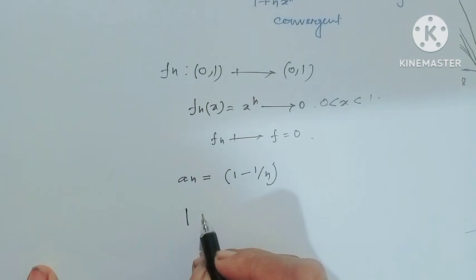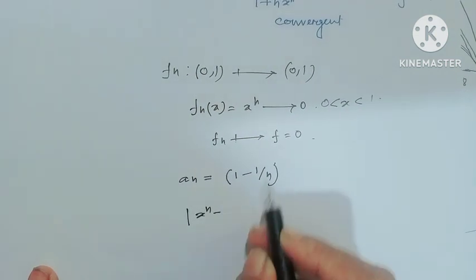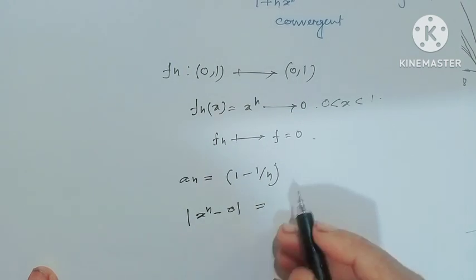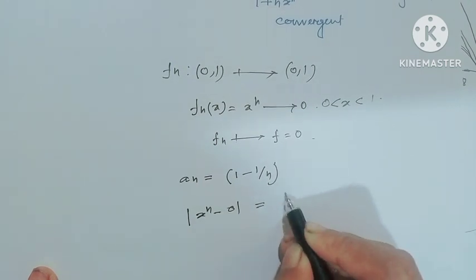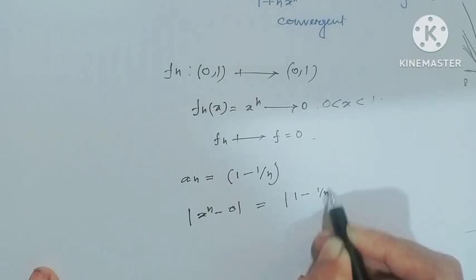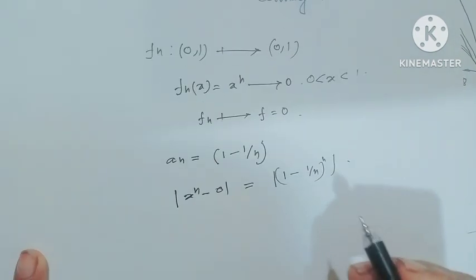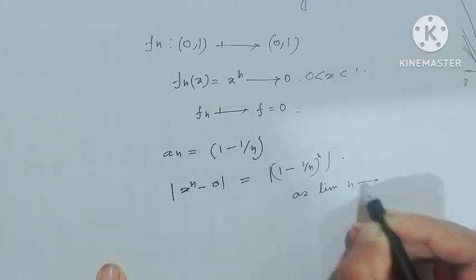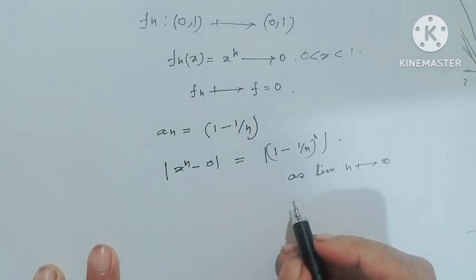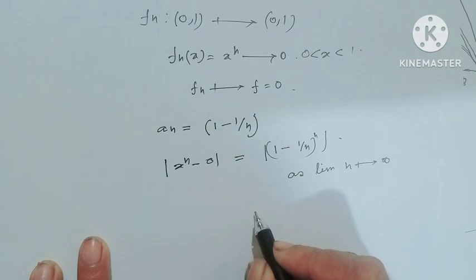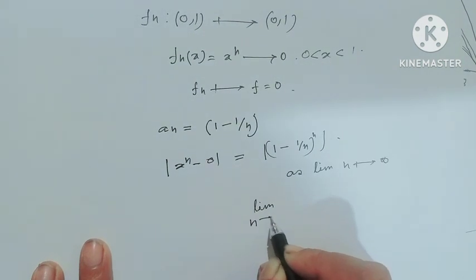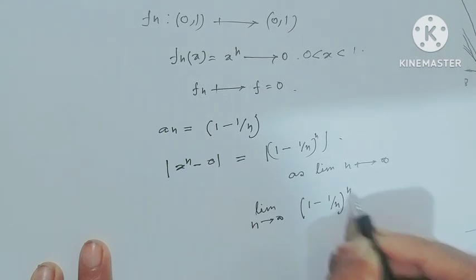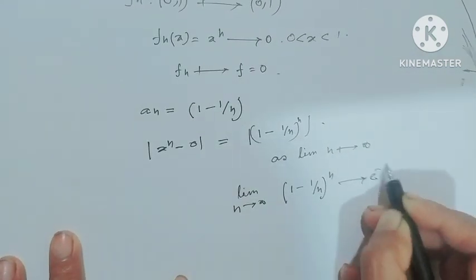Then fn(x) equals x to the power n, and f(x) equals 0. If we put this sequence here, then this value is (1 minus 1 over n) to the power n, and as the limit n tends to infinity, this value tends to e inverse.